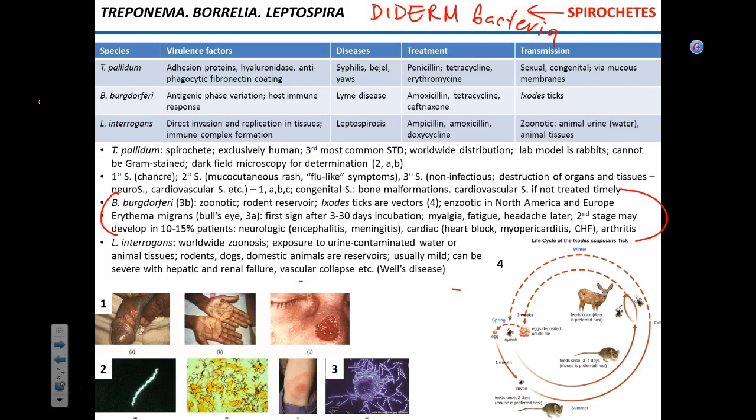So Borrelia burgdorferi, shown here on this fluorescent micrograph, is transmitted by ticks. So when you walk around, tick, I believe those are larvae or nymphs. Yeah, I think those are larvae, okay?